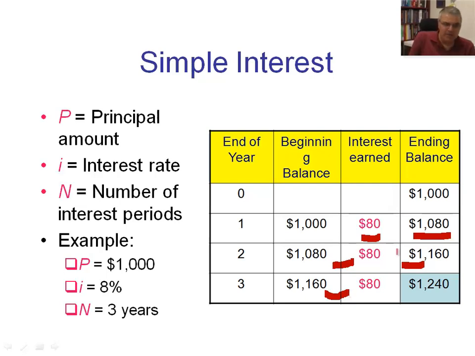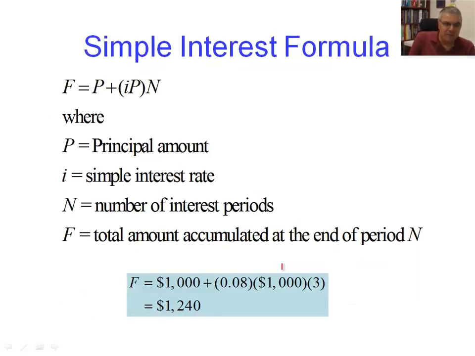There'd be another interest of $80. Note that the amount of interest earned here has not changed over the years, although the beginning balance has changed. So this is simple interest.